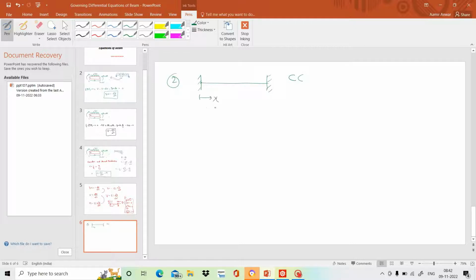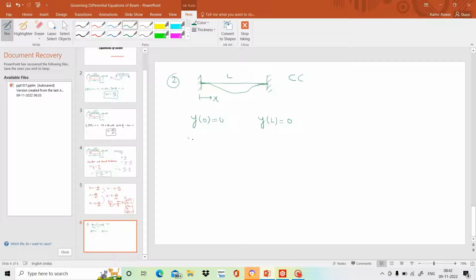If we choose x from here and the length is L, y at this position equals 0, y(0) equals 0, and the deflection y at L equals 0. The other boundary condition is that the deflection as well as the slope is 0 at the fixed or clamped end, because the deflected shape is somewhat like this. So here the deflection and slope are both 0.